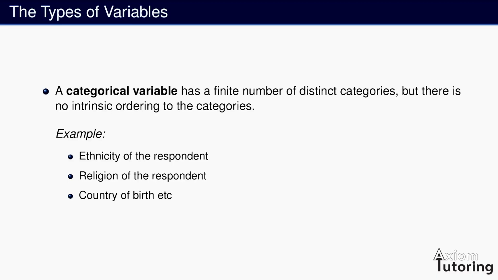And so that makes it a categorical variable. Similarly, the religion of the respondent or the country of birth. Okay, so whenever there's no intrinsic ordering, we call that a categorical variable.